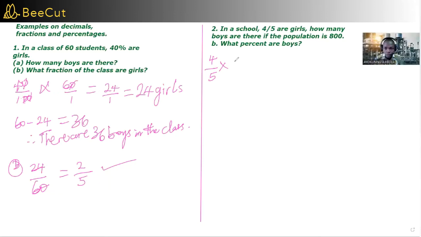Which one? 800, okay. So what would that give me?